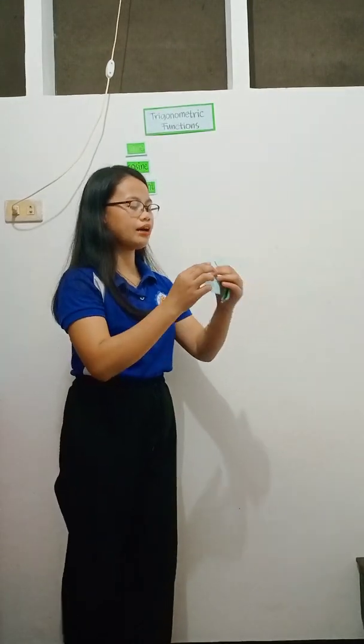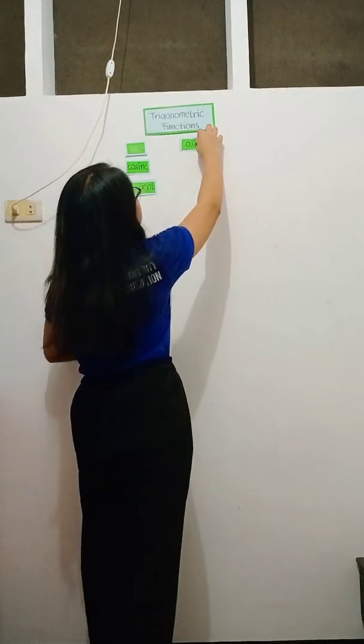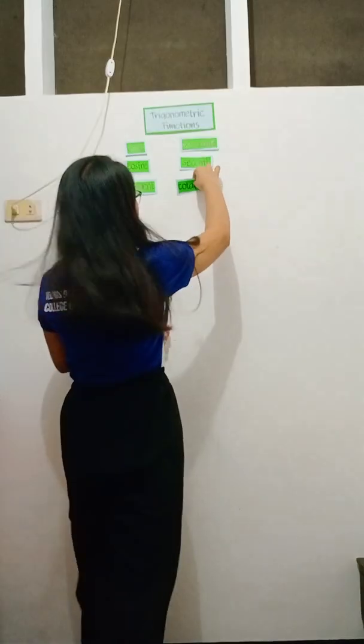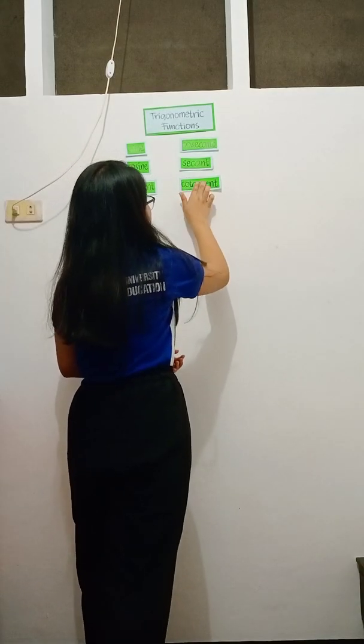While the other 3 are not used as often, and they can be derived through these primary ones. The other 3 are the following also. We have the cosecant, the secant, and lastly, the cotangent.